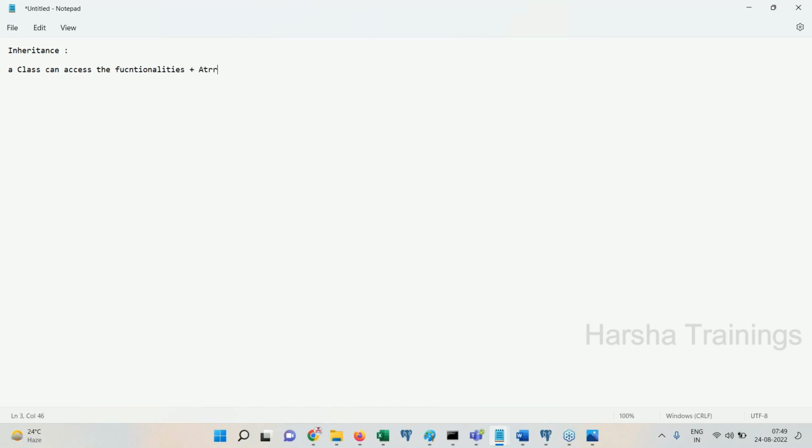plus attributes also, attributes of other classes. A class can access the functionalities or attributes of other classes, where these two classes should have a relation. Suppose class A, class B. Class B wants to access the functionalities of class A. So I told you an example.